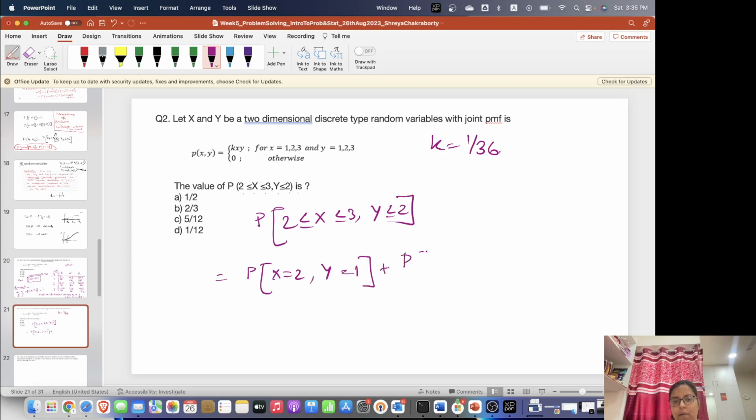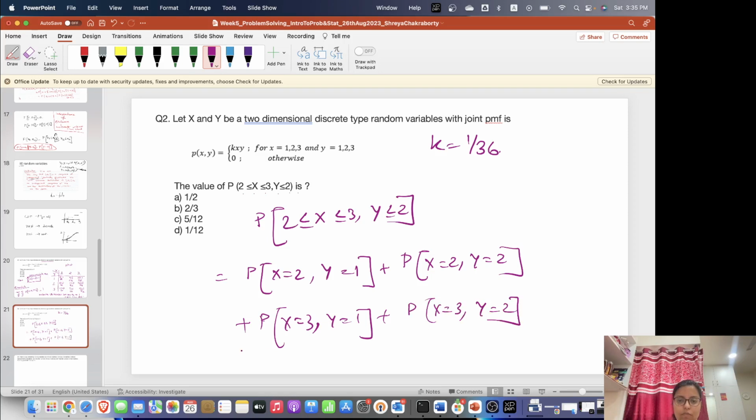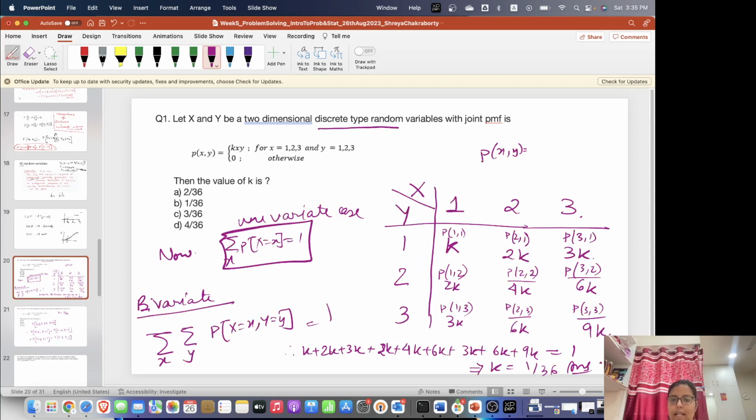So y less than or equal to 2 means y can take value 1 and 2, and x between 2 and 3 means x can take 2 and 3.